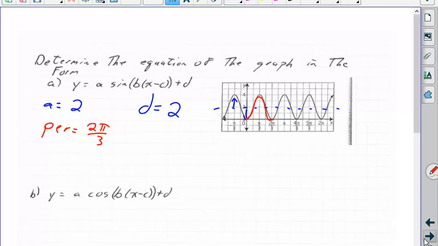That does not go into the equation right away. I need to calculate my b value. What type of stretch did I apply to a function that has a period of 2 pi to get a new function with a period of 2 pi divided by 3?